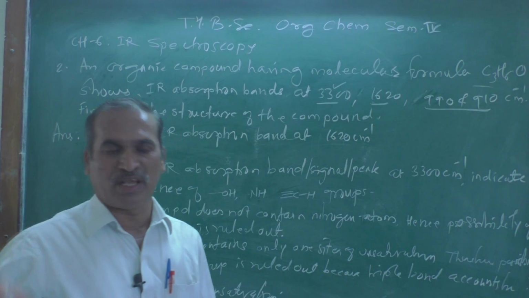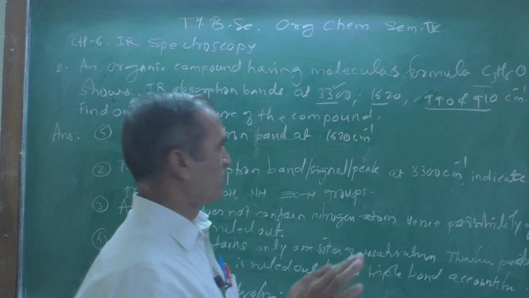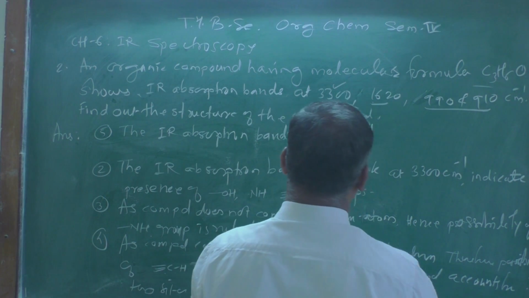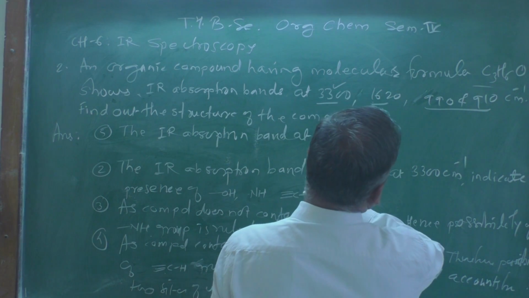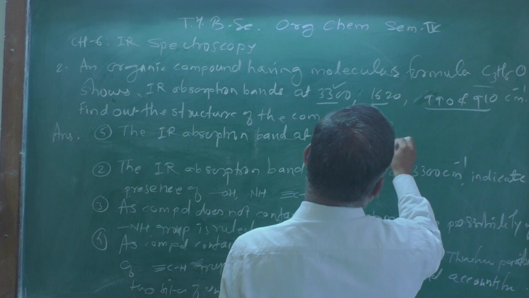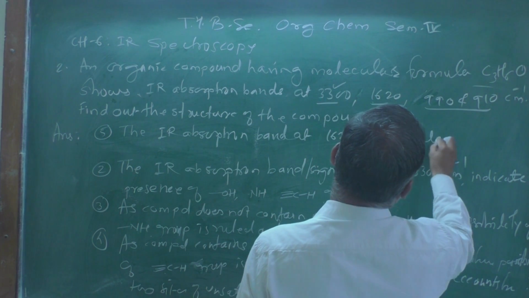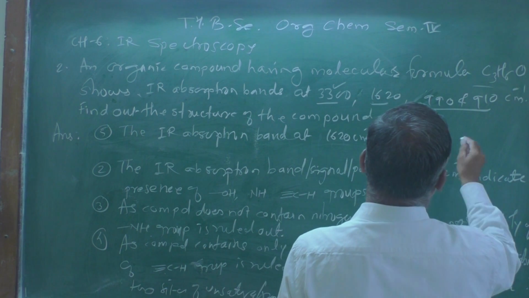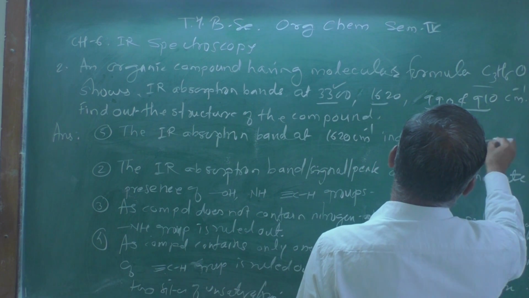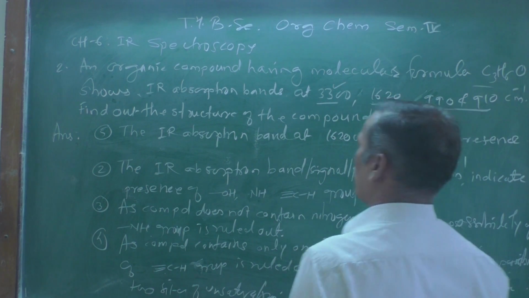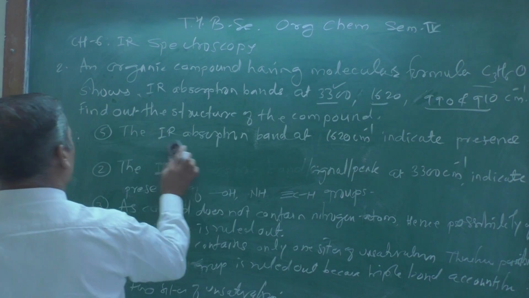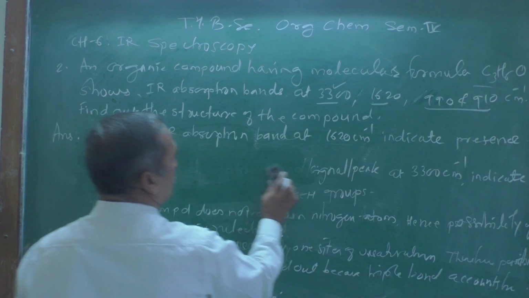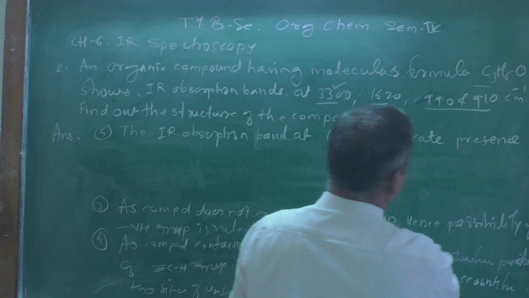This is also a very recognizable point. 1620 per centimeter indicates, or shows, or suggests, presence of what?